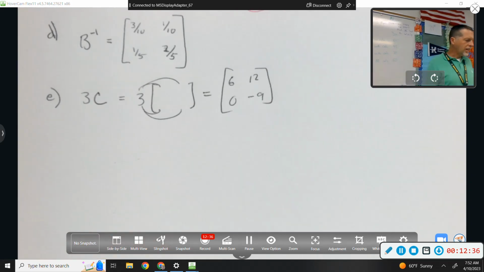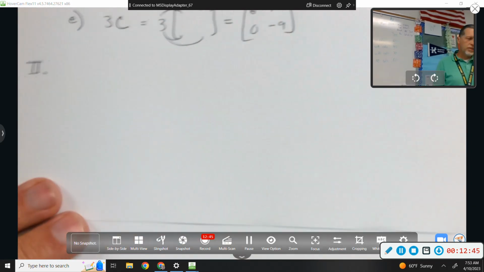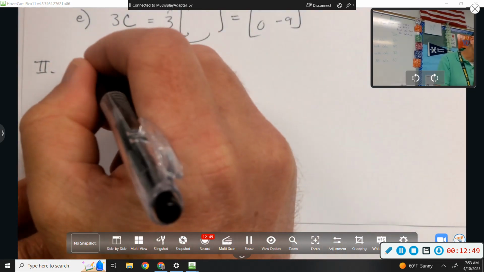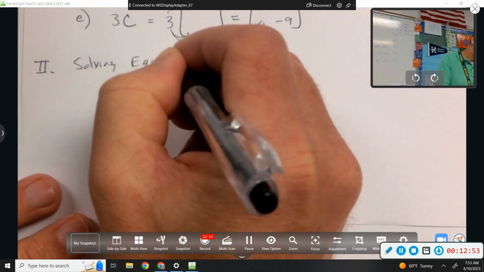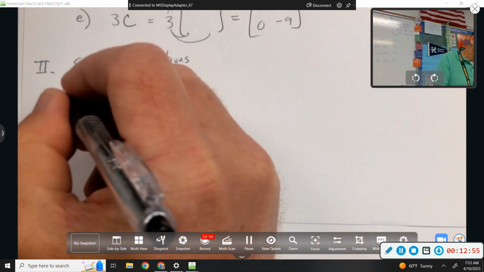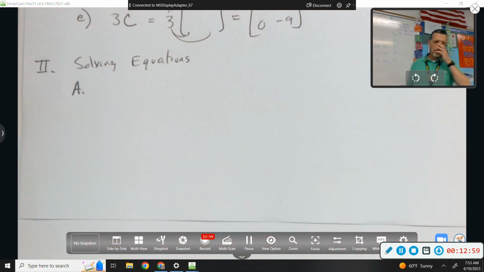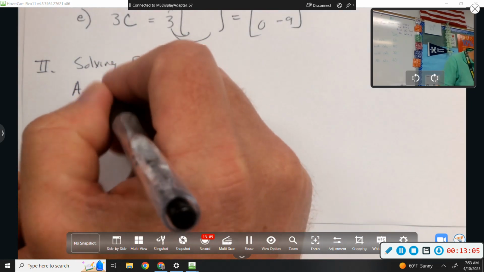All right, so that's like the basic stuff of matrices. Now let's step it up a little bit and let's solve some equations. Even here, there's sort of 2 separate ways to do this. One of them's, I think, easy.